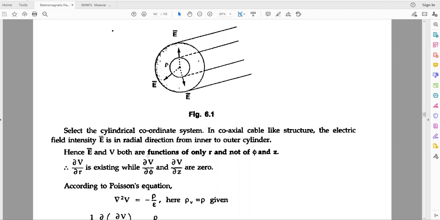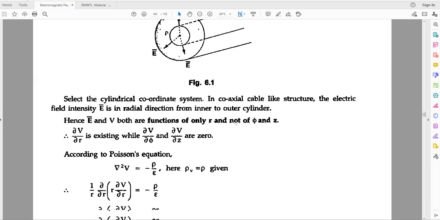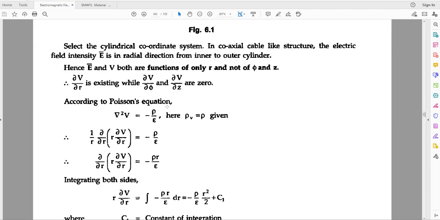Here E bar and V both are functions of only R and not of phi and Z. So dou V by dou R is existing, while dou V by dou phi and dou V by dou Z are not existing. Those are zeros. According to the Poisson's equation, del square V is equal to minus rho by epsilon.